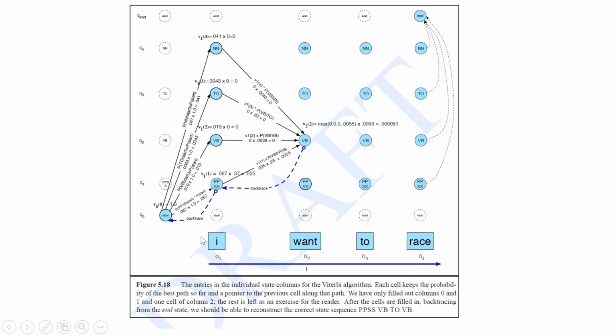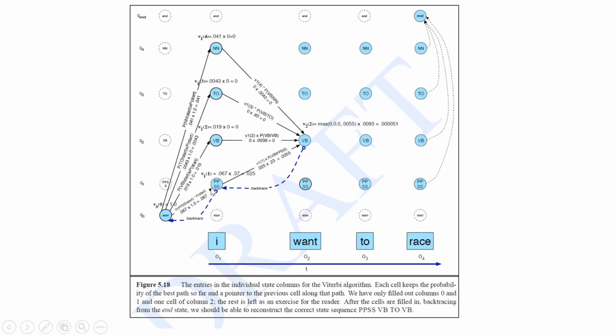And look, these are the time slots at which we have a particular input. I is the input given to the hidden Markov model at time 0, and at time 1 we have want being fed. At 2 we have to, at 3 we have race, and so on. These are the time slots at which the input is fed, and we have 4 states.